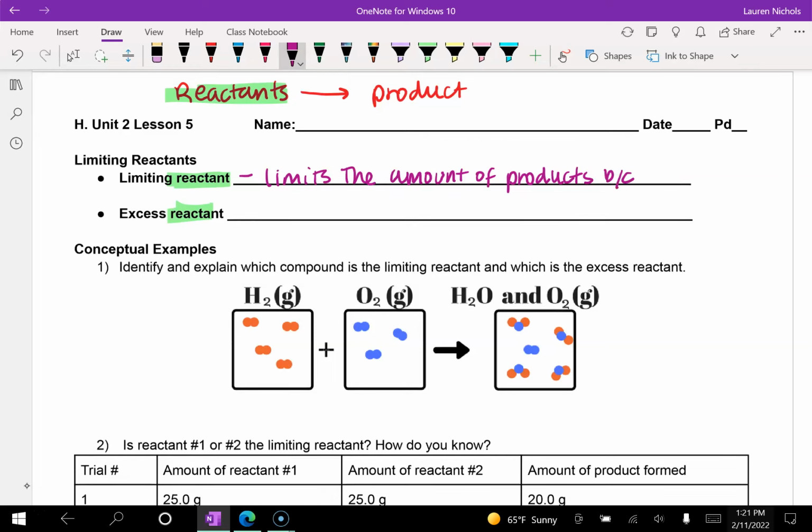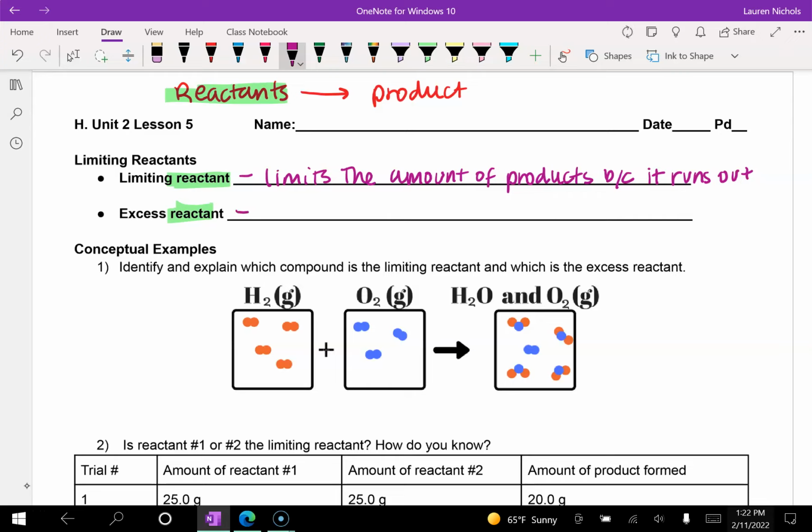So we know that if you have a balanced chemical equation with our mole ratio, it requires a certain amount of each ingredient to create our products. So if you run out of one of them, you can't make any more product.